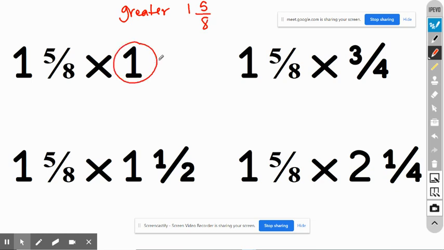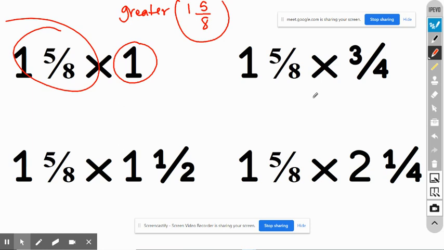Remember, anything you multiply by something that is greater than 1, your answer is going to be greater than what you started with. If you multiply by 1, you get the same. If you multiply by something greater than 1, you get something greater than you started with.